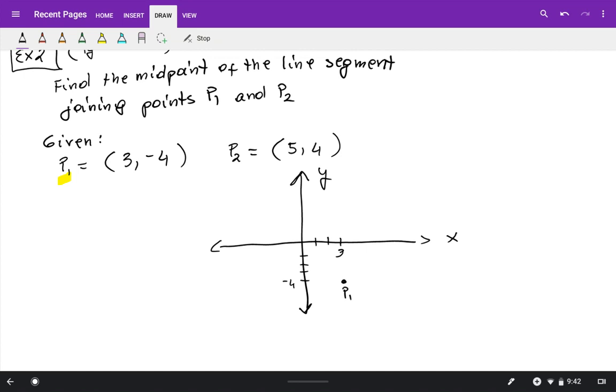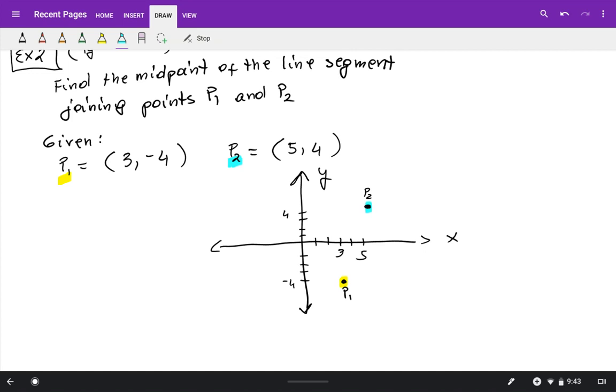This is P1. And we have P2, which is 5 comma 4. 3, 4, 5, 1, 2, 3, 4, right here, P2.